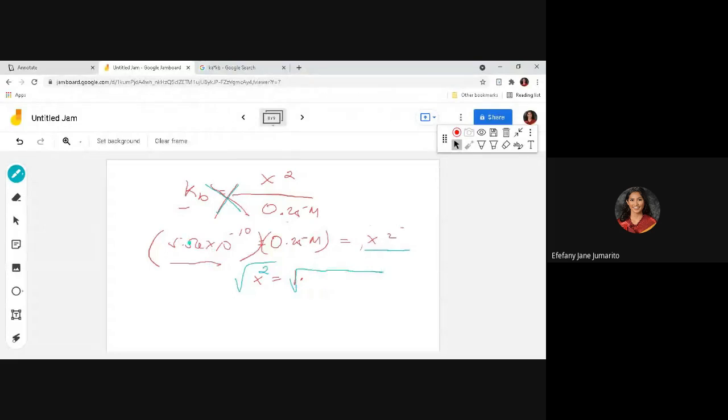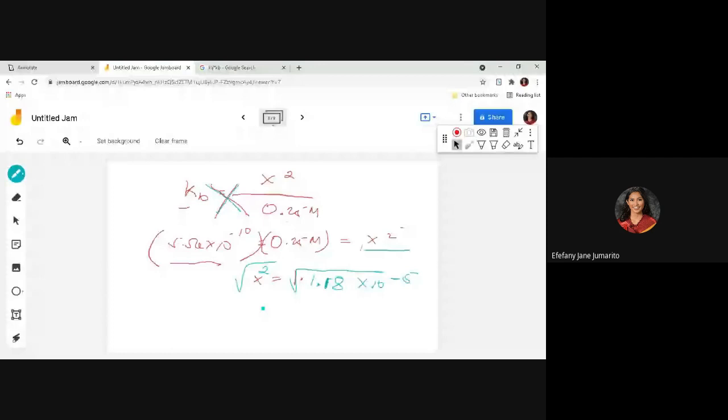Okay guys, what is the value of this? 5.56 times 10 to the negative 10 divided by 1.8 times 10 to the negative 5 gives 1.18 times 10 raised to the negative 5. Then we take the square root of that to get x.